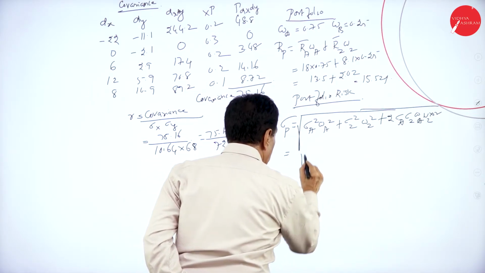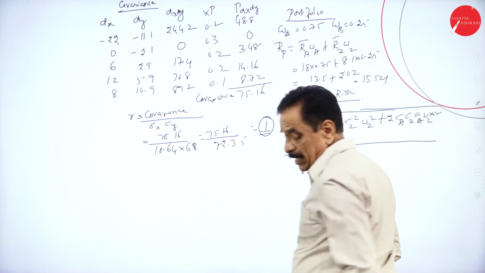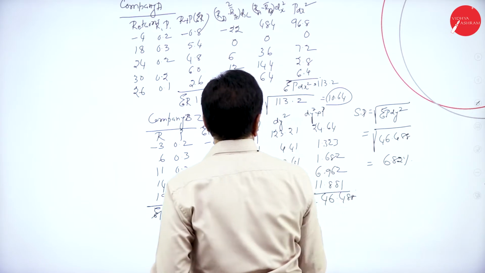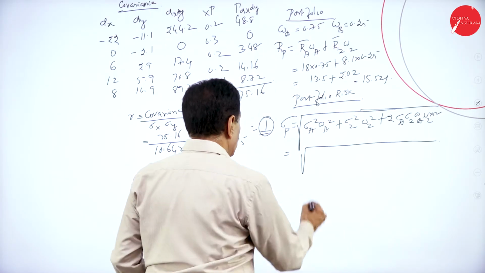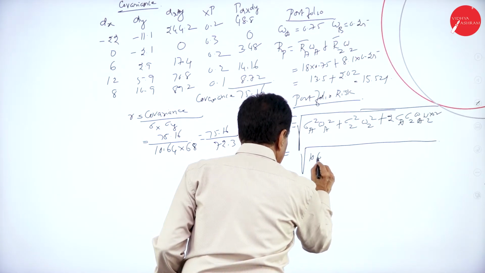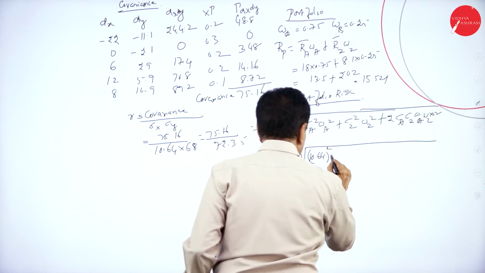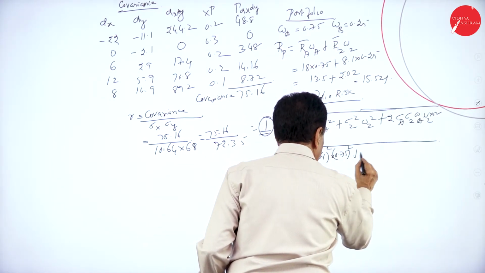Is equal to root of. What is standard deviation A? Standard deviation A is 10.64 whole square into 0.75 whole square.